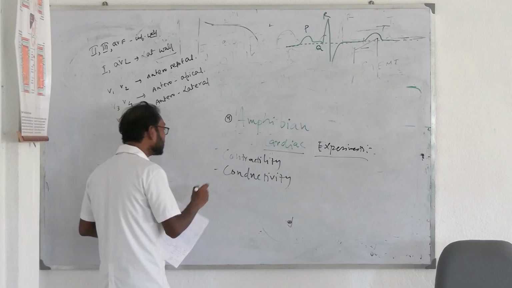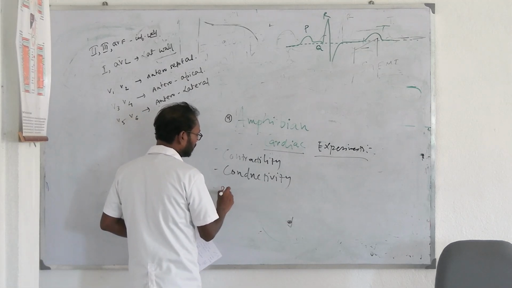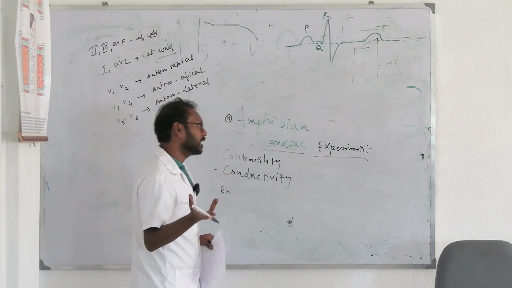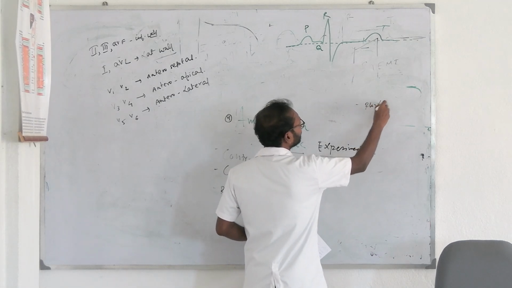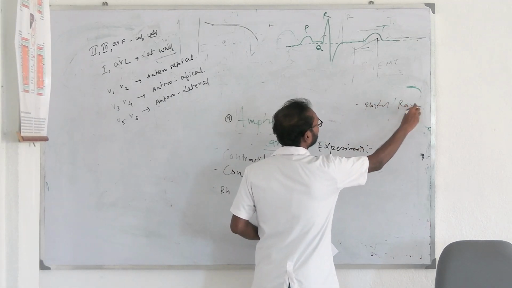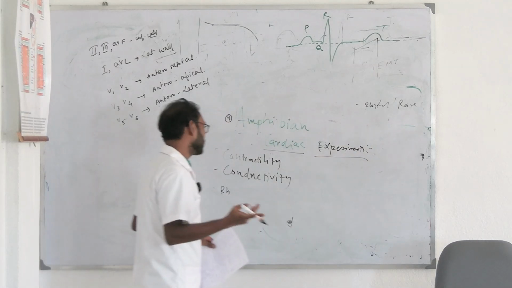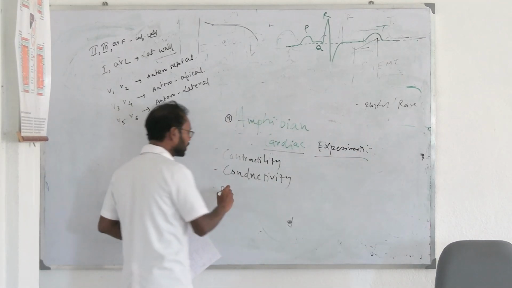Then rhythmicity, what is rhythm? So whenever we study a human heart, we notice these things, rhythm, rate, all of these things we notice. Similarly, the frog heart is also rhythmic.